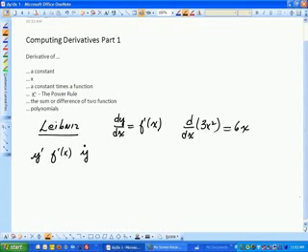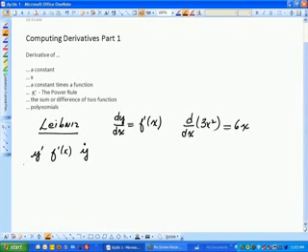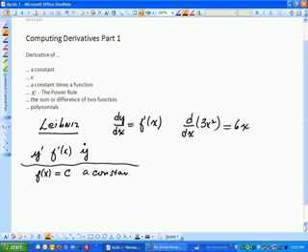Okay, so we're ready to begin, and we're going to show you where all these things come from. And basically, they come from going back to the limit idea. So if our function, and I'm going to switch notations here back and forth, if our function is f of x equals c, in other words, a constant, then it's very easy to find the limit that gives you the derivative.